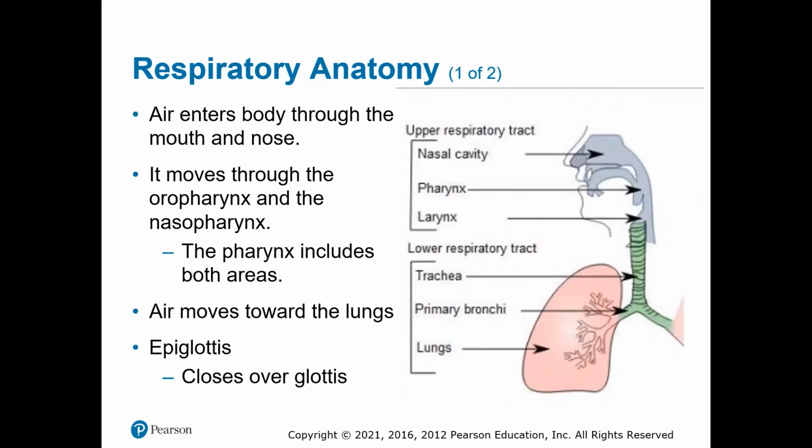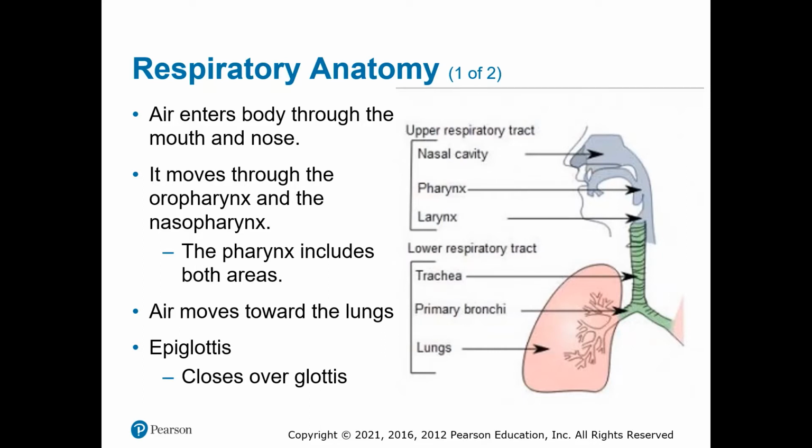The respiratory system, so this is when air moves into and out of the body. Air moves through the mouth and the nose into the nasopharynx, and then it goes into the larynx, where it gets into the lower respiratory tract, such as the trachea, and then you have your right and left main stem bronchi, and then bronchioles, where it terminates into the alveoli.